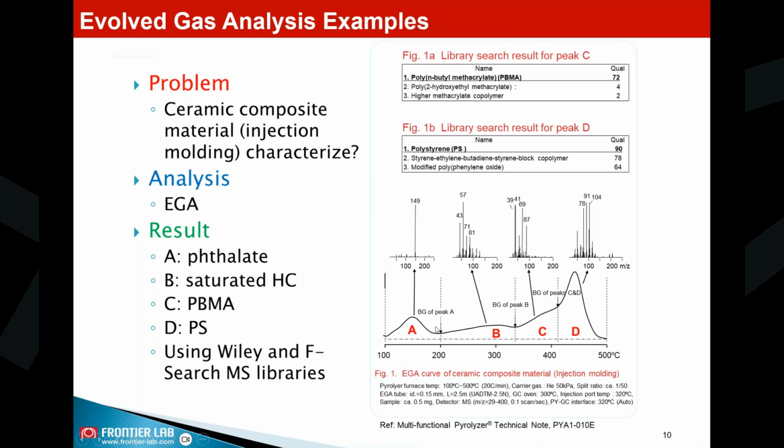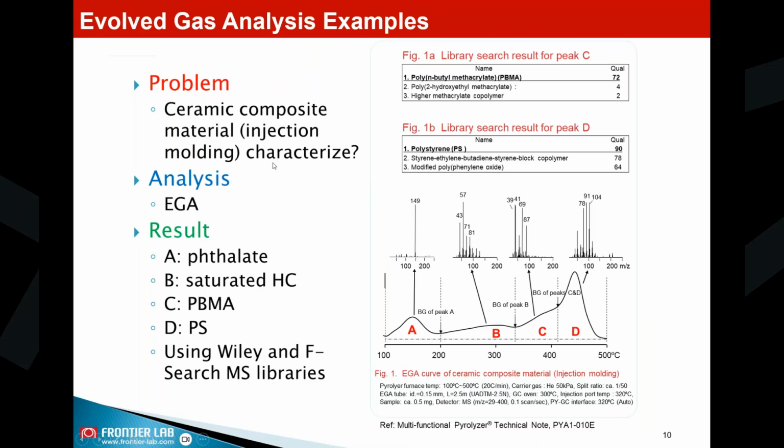So we can collect the mass spectrum of each of these peaks, and we have our own database for additives and polymers, which can help you to even identify the type of polymer and additives present in this compound.